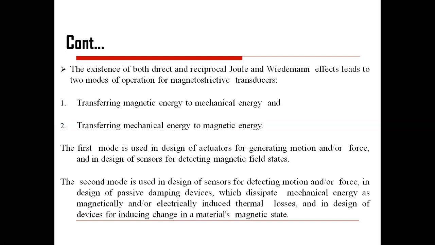There are two modes of operation for a magnetostrictive transducer, and what are they? One is where magnetic energy is converted into mechanical energy, and the vice versa: mechanical energy is converted into magnetic energy.